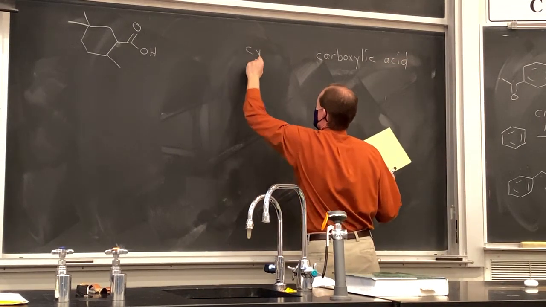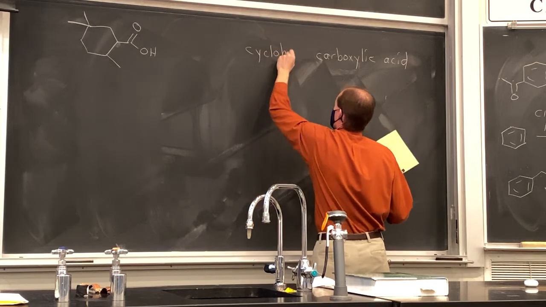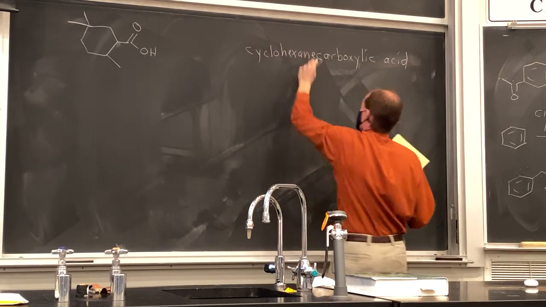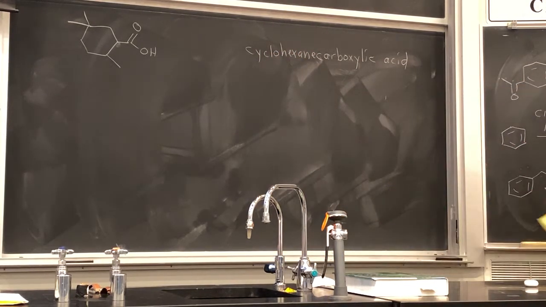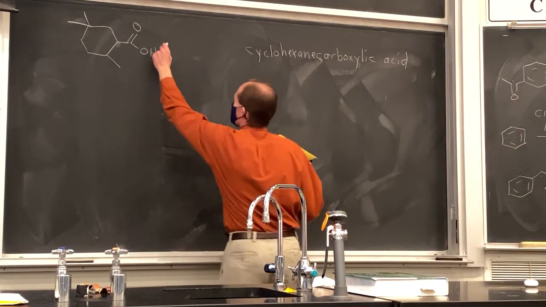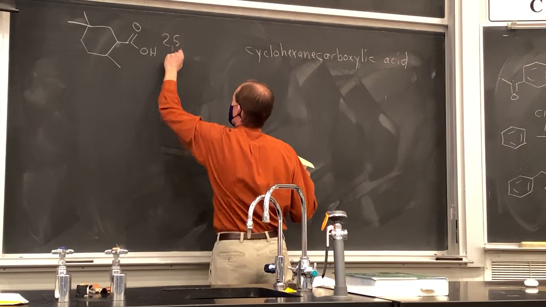Then we have cyclohexane. What goes in front of cyclohexane? Okay, I heard a 2,5,5 trimethyl. Very good.